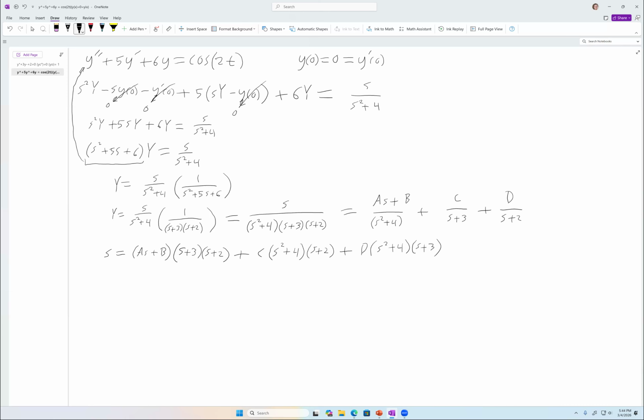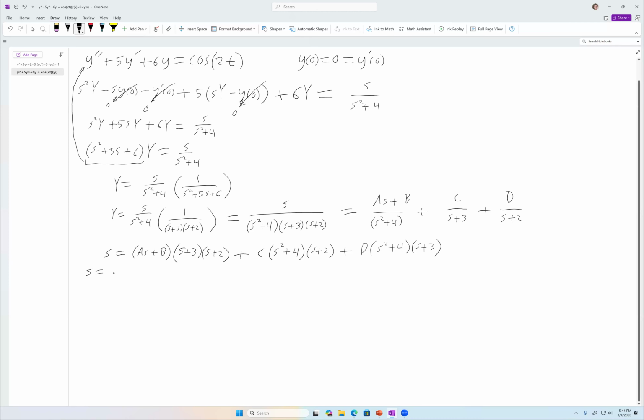So let's see what we can do from here. One strategy is to just multiply through things. Yes, that's how we shall proceed.